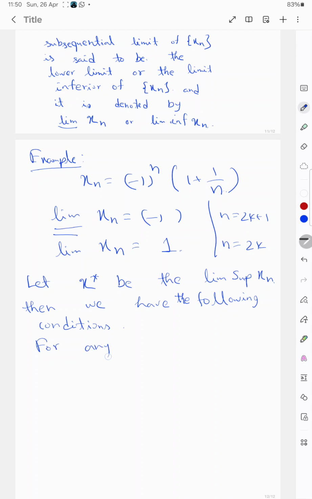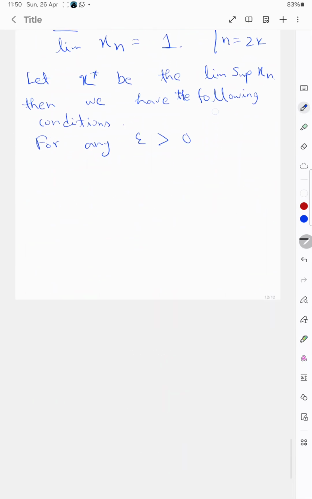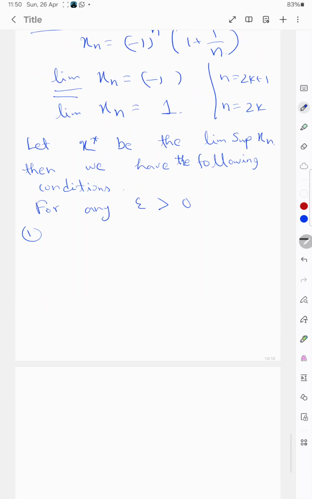For any epsilon greater than 0, you can think of your xn being like here in such a way, then you have x star somewhere here.